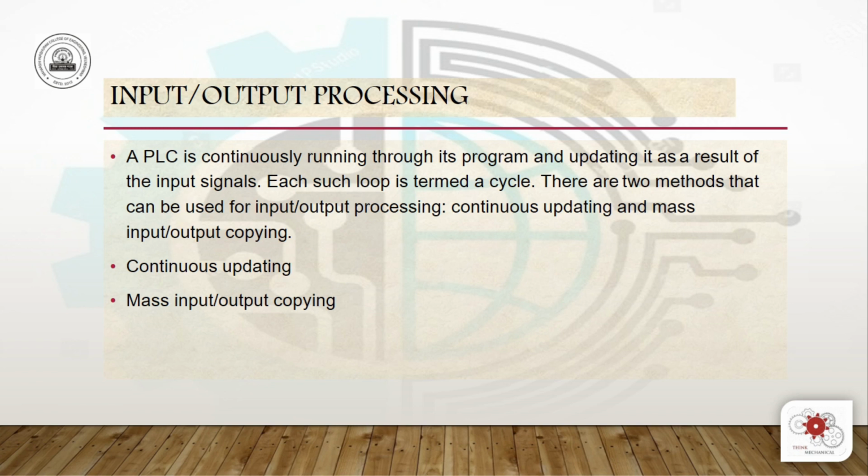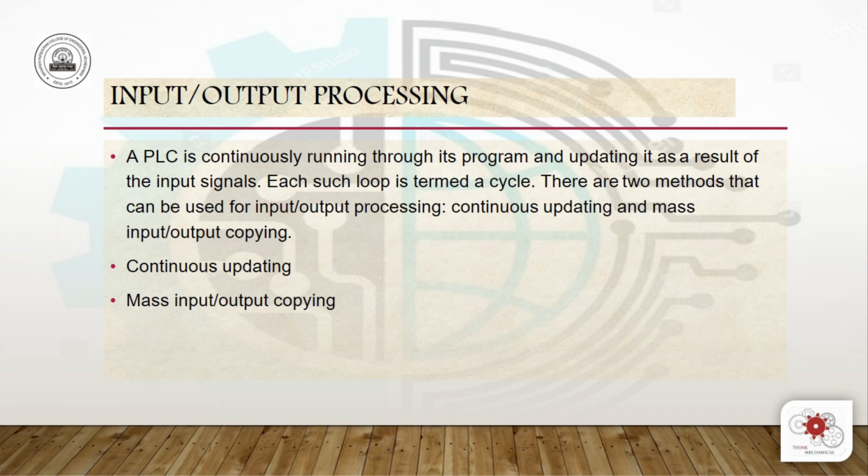There are two methods that can be used for input and output processing. The first one is continuous updating and the second one is mass input output copying. Continuous updating is required in a feedback system, where the feedback is very important after each output.